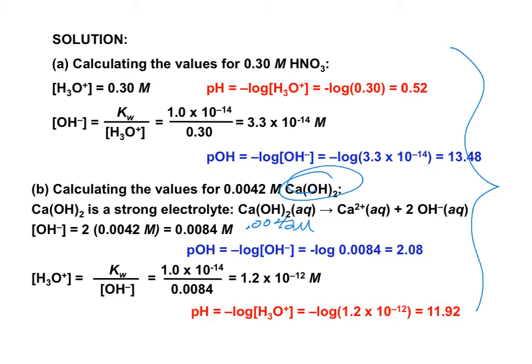That means that we are going to end up with 0.0042 molar calcium ion and 2 times 0.0042 molar hydroxide. So the bottom line is our concentration of hydroxide is going to be 0.0084 molar. And so we can go from there to calculate pOH and pH.